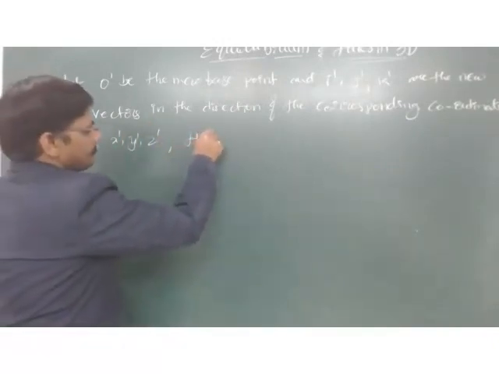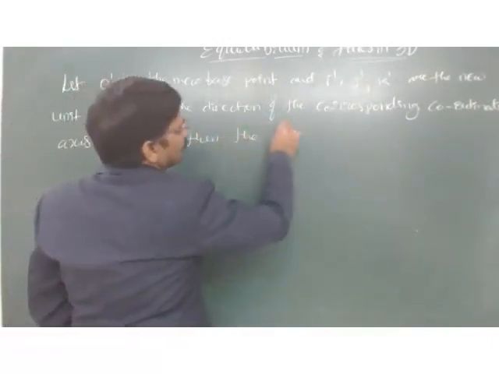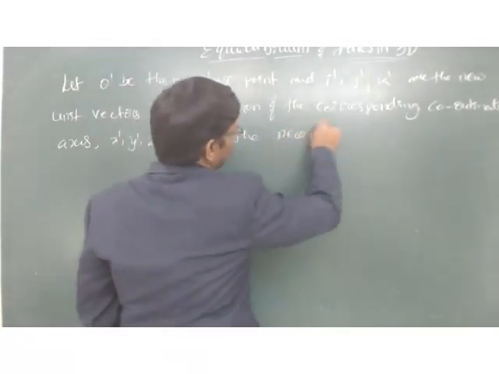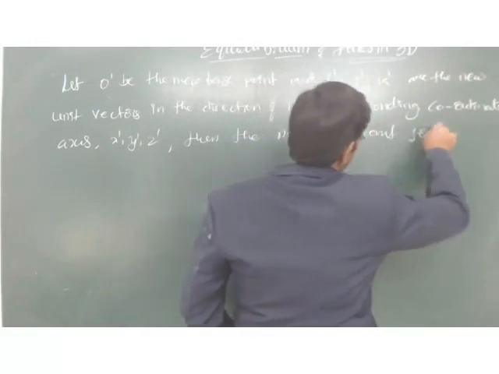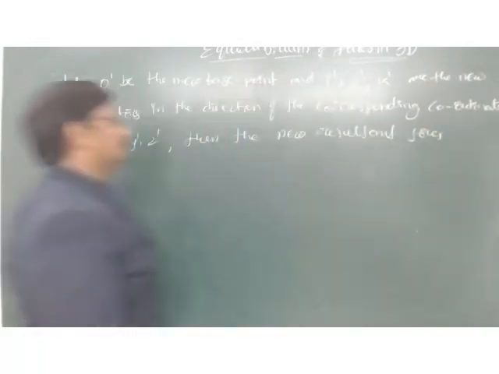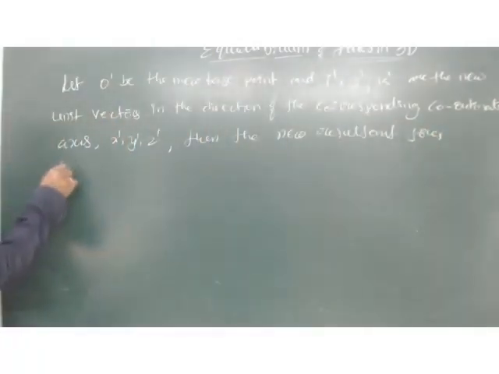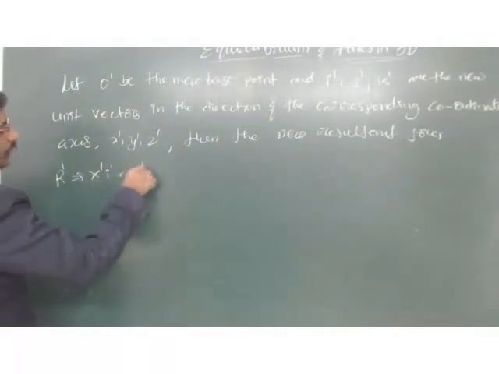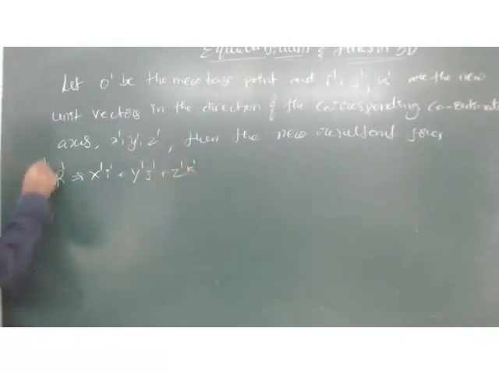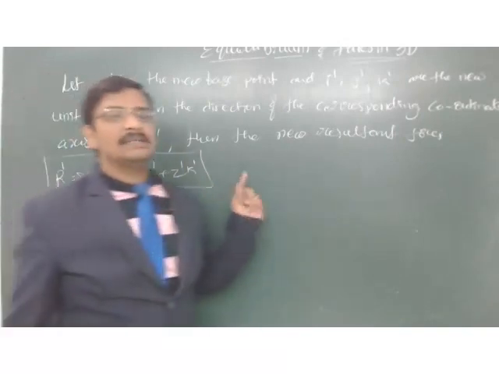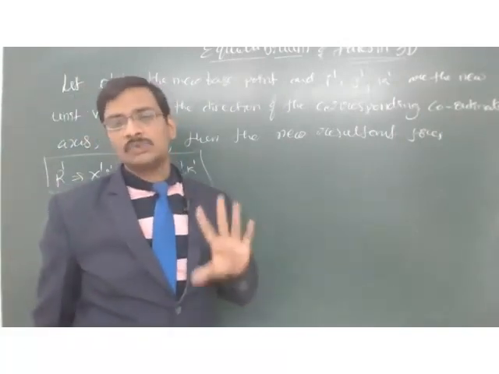Then the new resultant force R dash is equal to x dash into I dash plus y dash into J dash plus z dash into K dash. So the unit vectors are also different, because it is independent of the axis whatever we select.